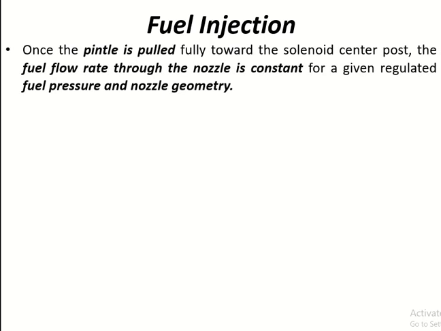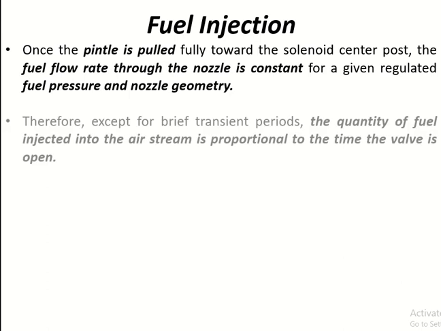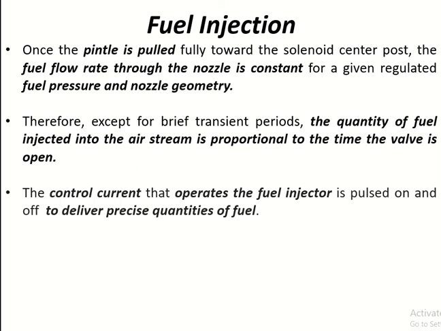Once the pintle is pulled fully toward the solenoid center post, the fuel flow rate through the nozzle is constant for a given regulated fuel pressure and nozzle geometry. Therefore, except for brief transient periods, the quantity of fuel injected into the air stream is proportional to the time the valve is open. The control current that operates the fuel injector is pulsed on and off to deliver precise quantities of fuel. Thank you.